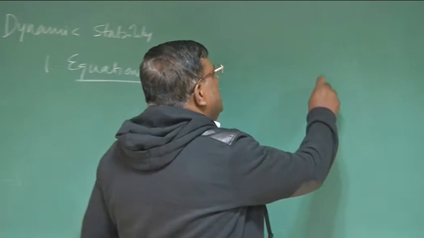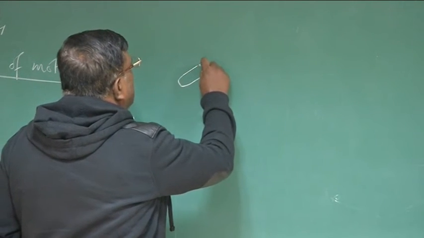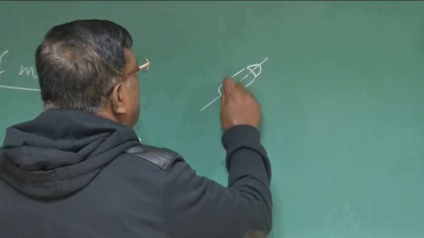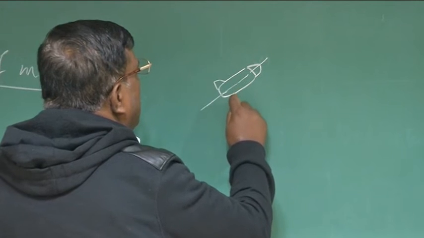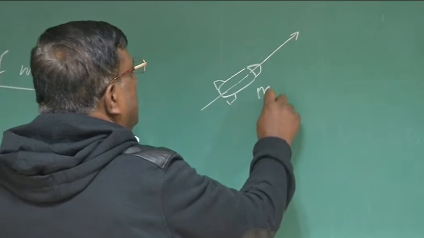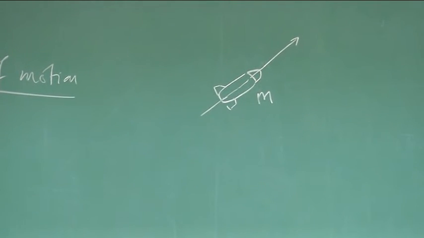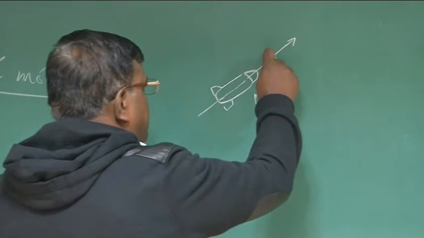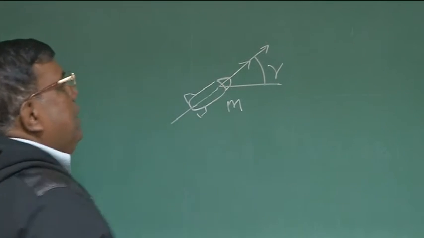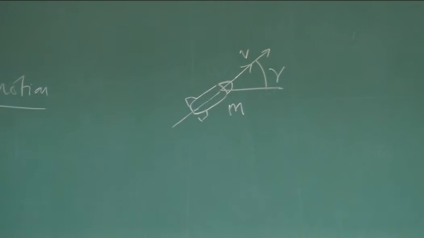Let's say a projectile of mass m is fired at an angle gamma, the flight path angle. This is the velocity vector, and we want to write the equation of motion.